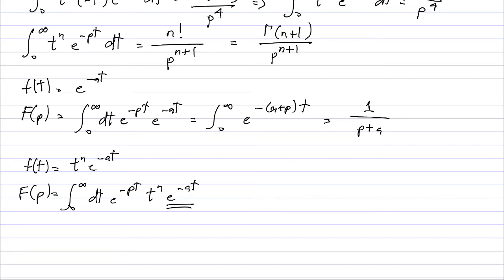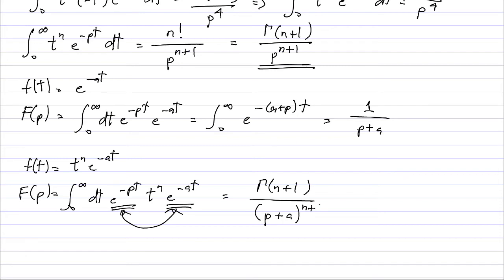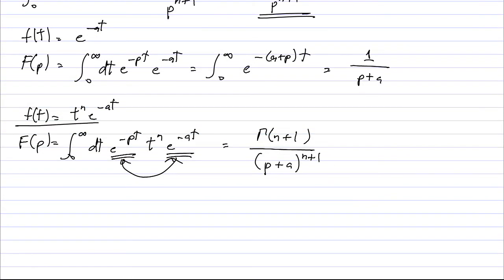This exponential can combine with this exponential, and you know how to do this integral already. You are getting this result when a is equal to 0. When a is not equal to 0, of course this exponential combines with this exponential, and you can easily guess, and you can check rigorously if you want, that you are going to get p plus a raised to power n plus 1. Okay, so that's what we have for the Laplace transform of this function.